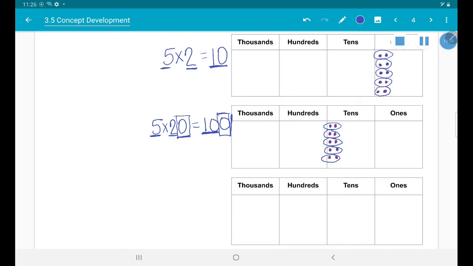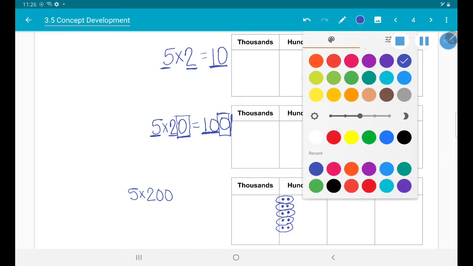All right, so what happens if we have 5 times 200? I'm going to have 5 groups of 200. 1, 2, 1, 2, 1, 2, 1, 2, 1, 2. There's a group of 2, 2 groups of 2, 3 groups of 2, 4 groups of 2, 5 groups of 2. So let's count those.